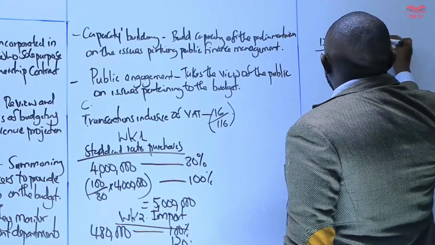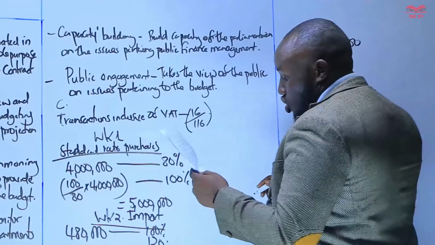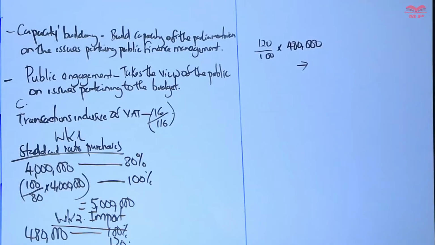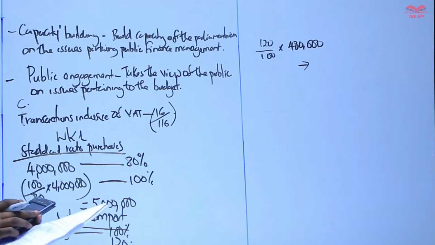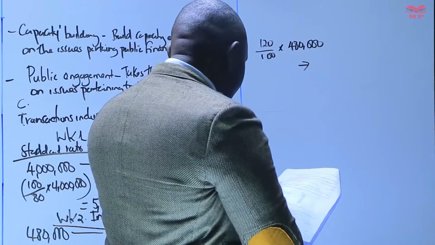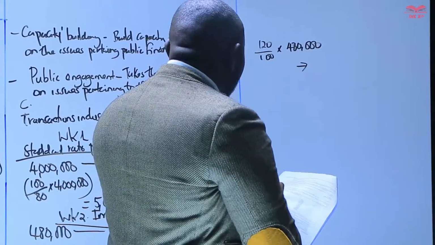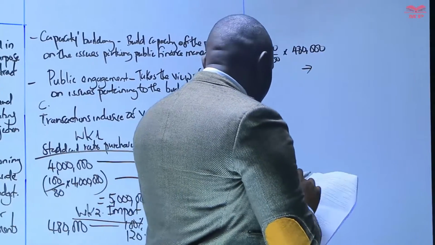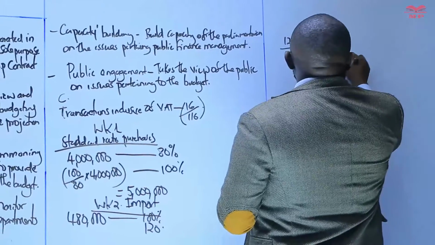Remember, this was not recorded, meaning it was omitted. So that import should be 120 over 100 times 480, and we have 576.